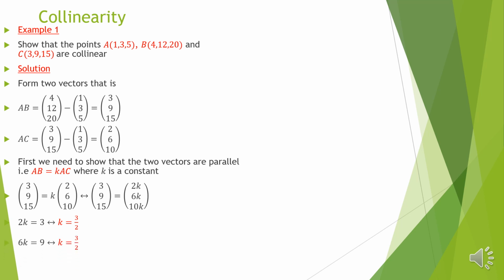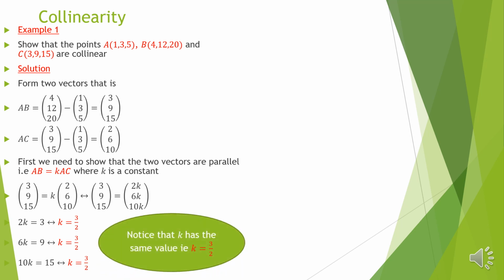Similarly, I'll equate the second one, 6K equals 9, which also implies that K equals 3 over 2. Then lastly, 10K equals 15, which simply means that K is equal to 3 over 2.